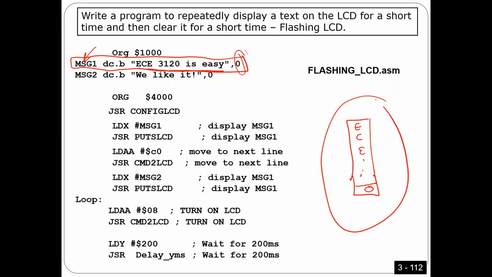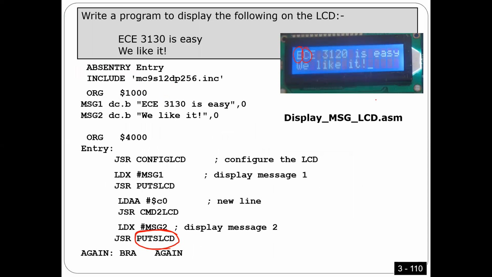So number 1, guys, if you want to use this function, put string LCD, you have to create an array like this one, and you have to put number 0 at the end. Last time I also explained this, but I want to repeat it.